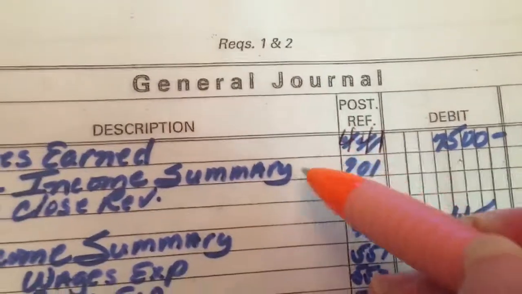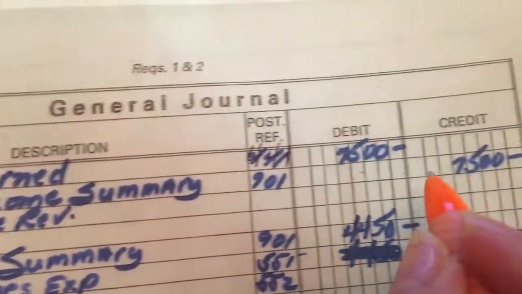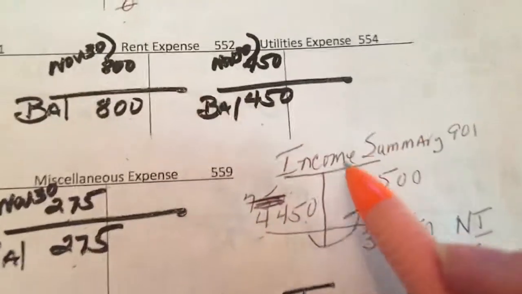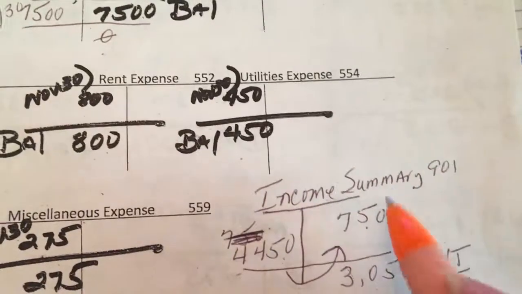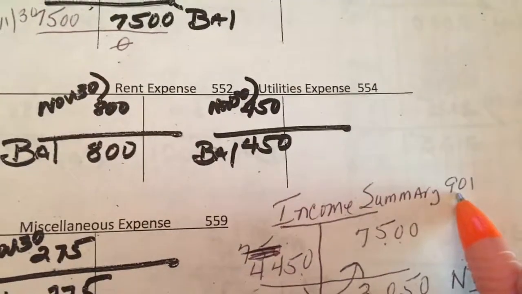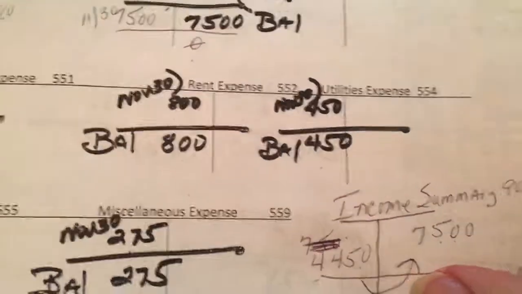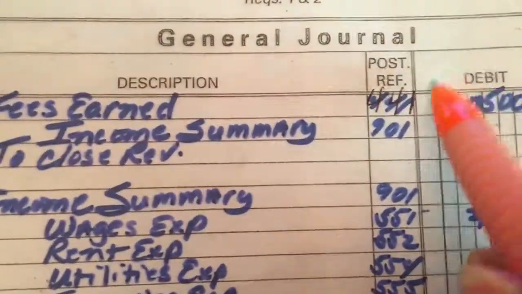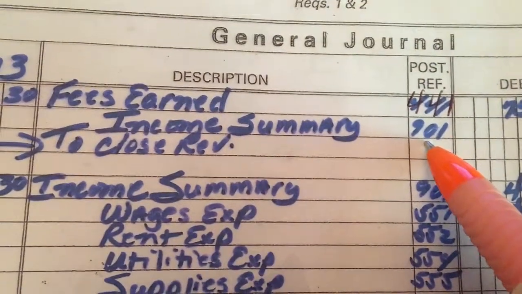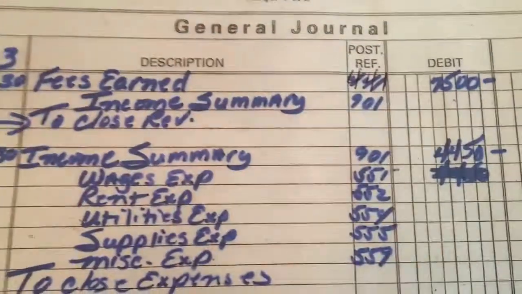Okay. Next, take income summary, $7,500 credit. And we kind of did this in class the other day. We set up an income summary account with 901. We put a $7,500 credit. We took the 901 back, look at the number, and it's showing right here under your posting reference. Okay, so that one's posted. Let's do the expenses.